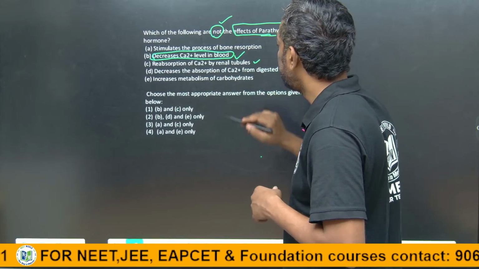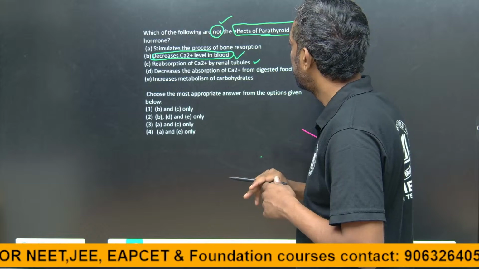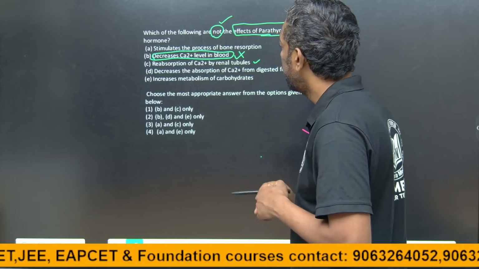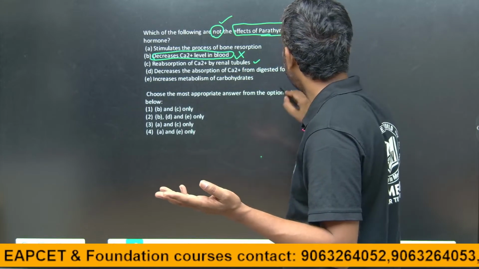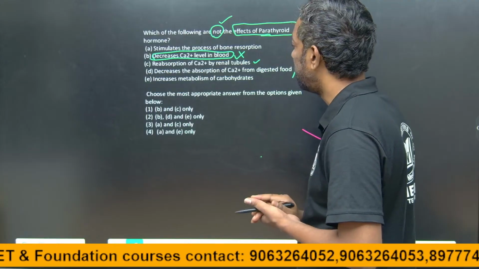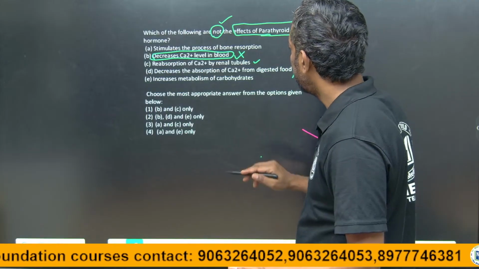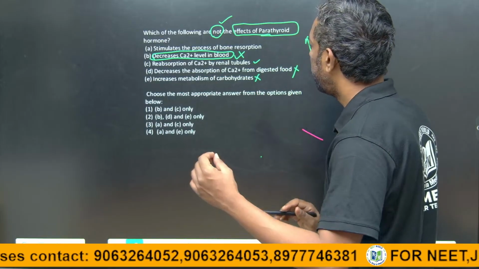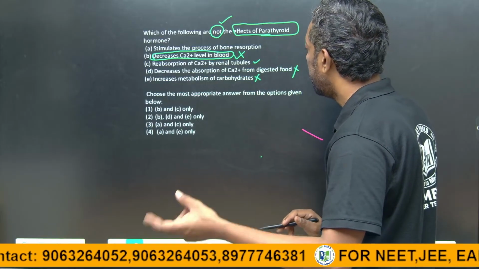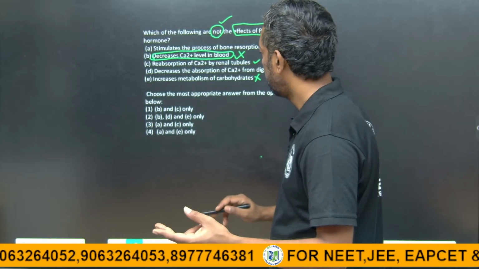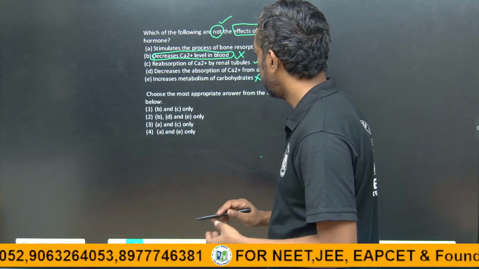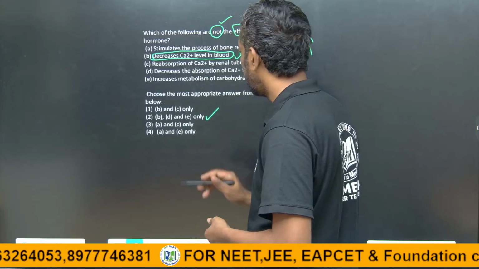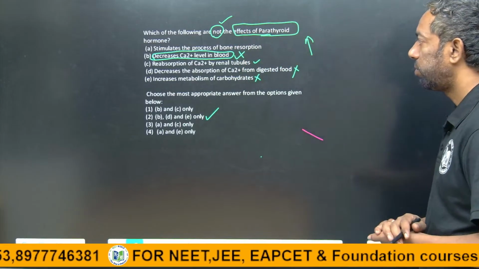The second one is wrong. Decrease the absorption of calcium? It always increases the absorption. Increase metabolism? No, it can slow down the metabolic activity. So B, D, E is wrong. The second one is wrong. Okay?